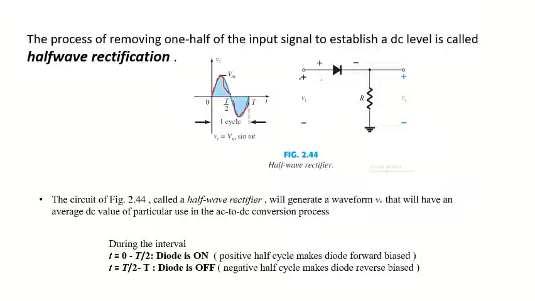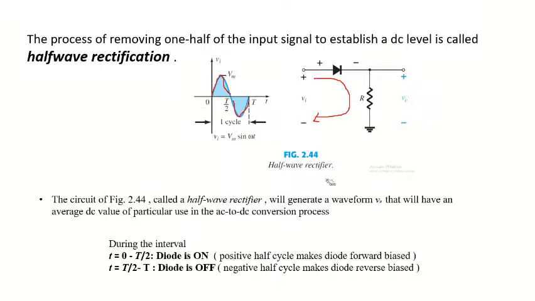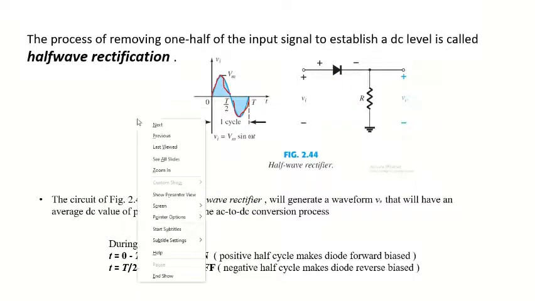As we are using the conventional flow of current, in the positive half the diode will be in the on state, whereas in the negative half it will be in the off state. The positive half cycle makes the diode forward biased.